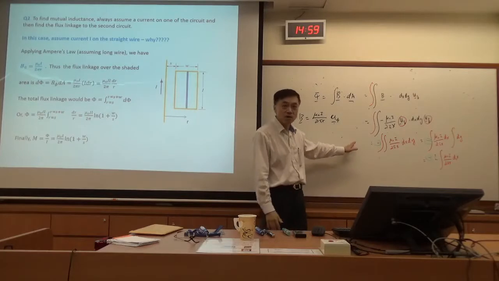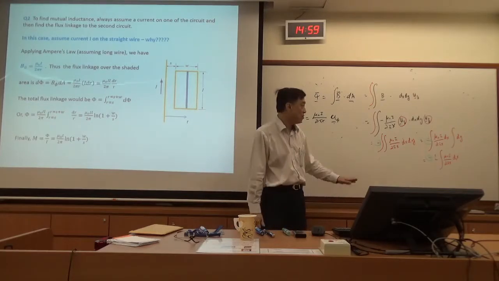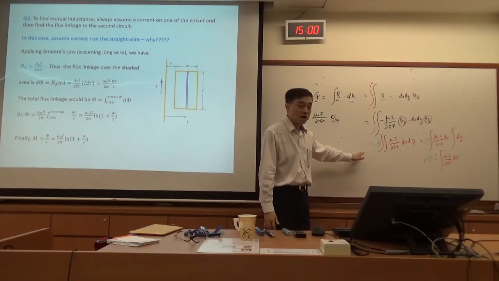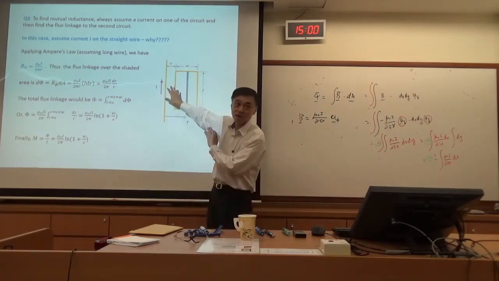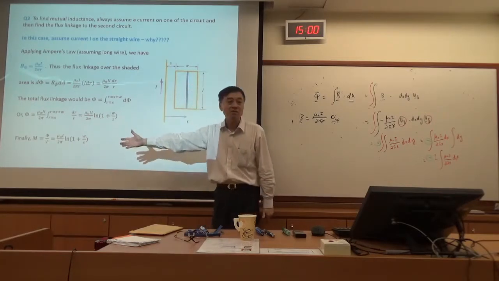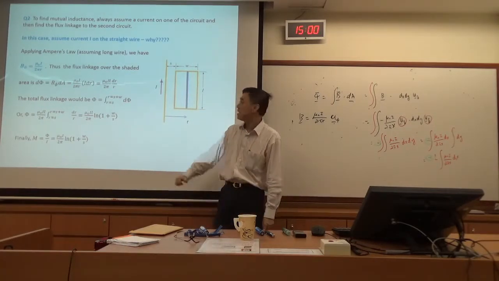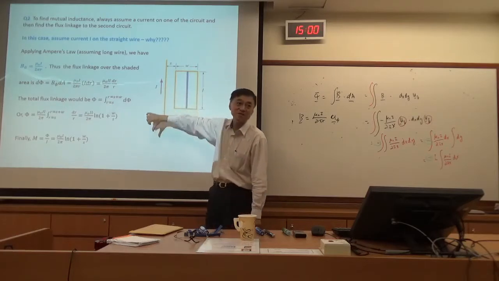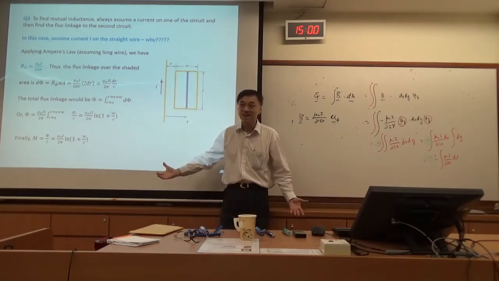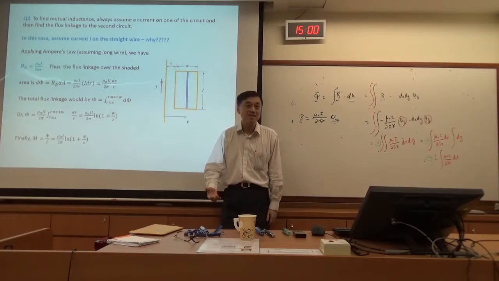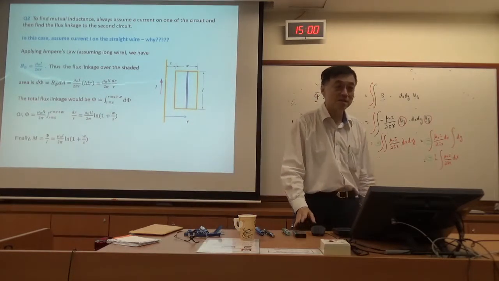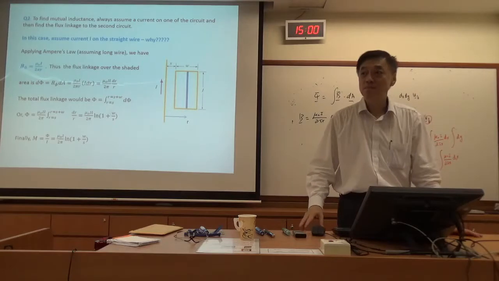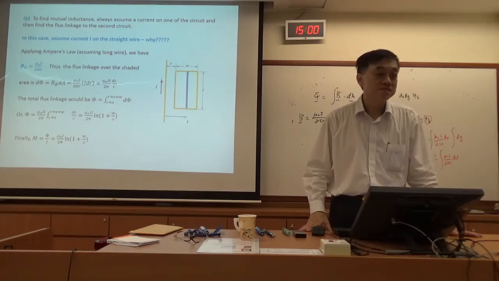If you want to follow it correctly, you find the flux going that way becomes negative. But it does not really matter, because you can also assume a current this way, so the flux will be in the correct direction. Basically, mutual inductance is still equal to flux divided by current. Any questions?